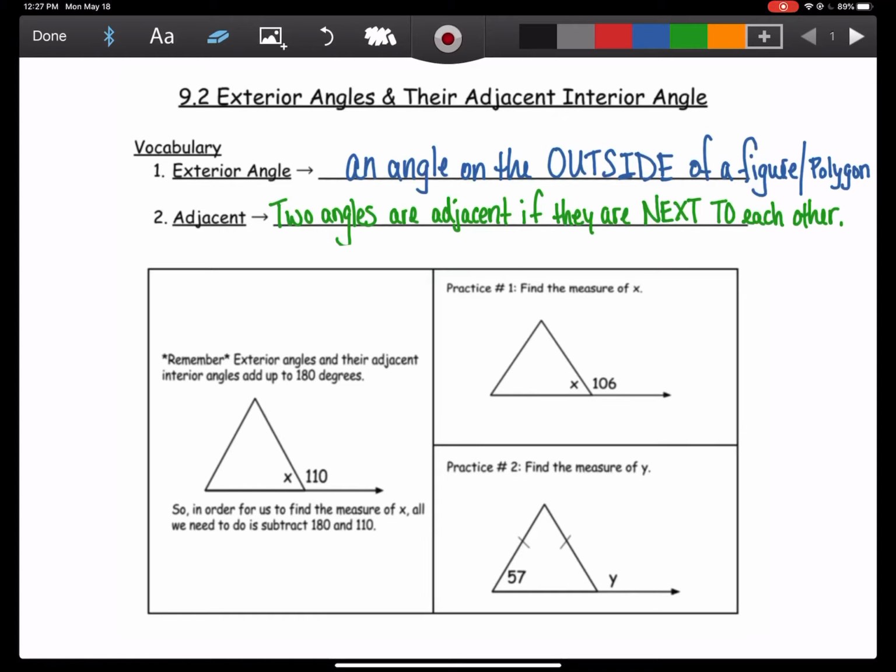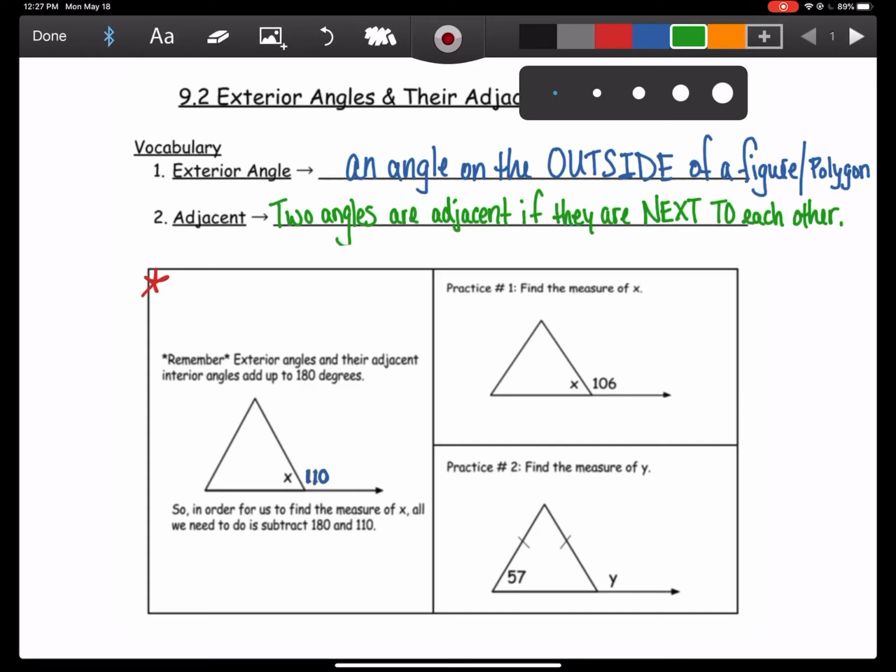All right, here we go. So on the left side, we're going to start over here. On the left side, it says, remember, exterior angles and their adjacent interior angles add up to 180 degrees. So let's use the blue and the green to identify what we're talking about. Okay, the 110 is an exterior angle.